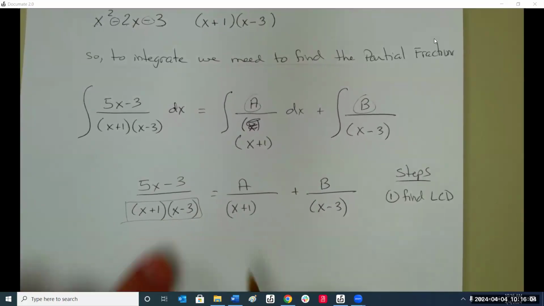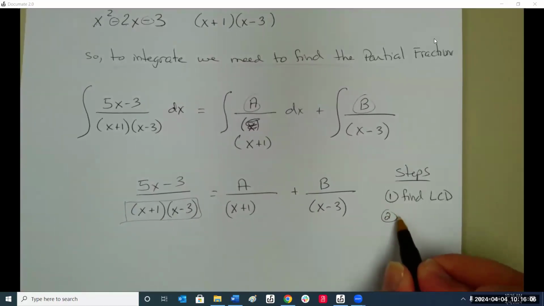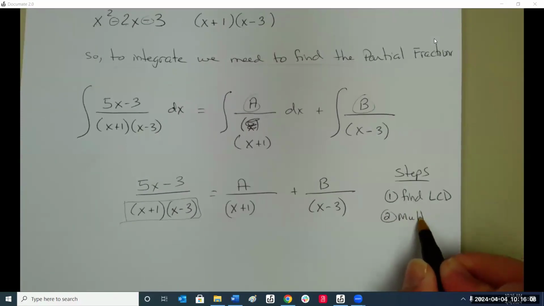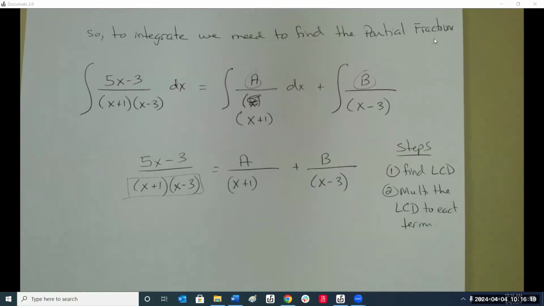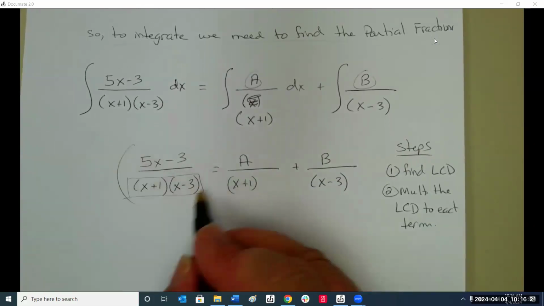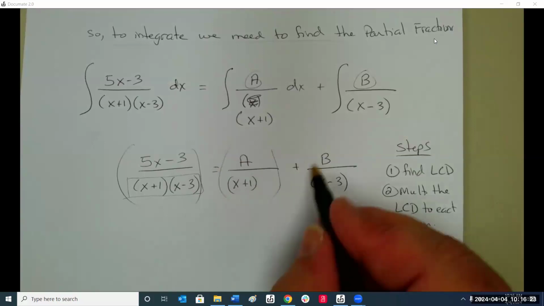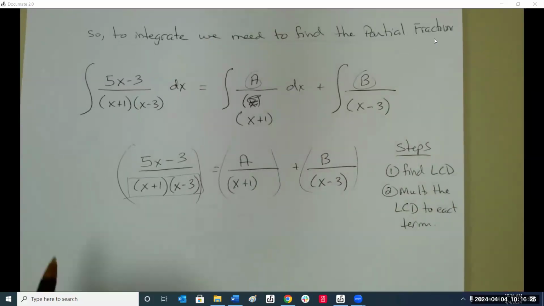Then multiply the LCD to each term. So this is a term, this is a term, and that's a term.